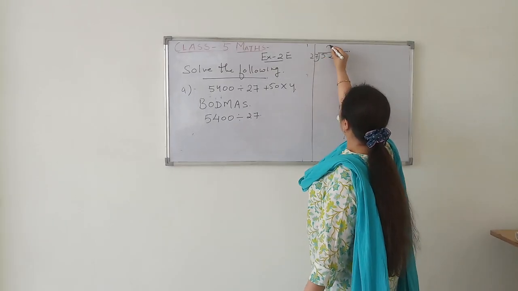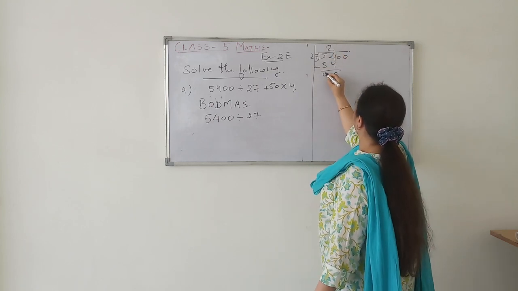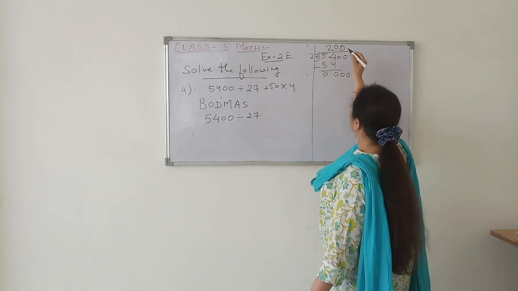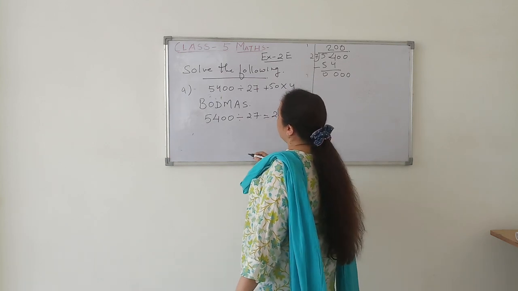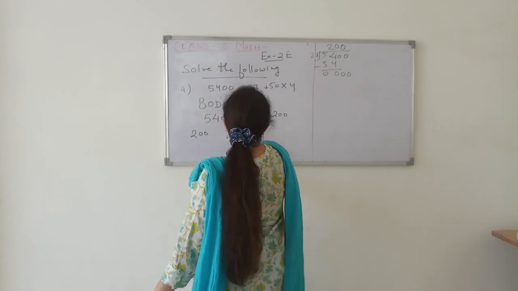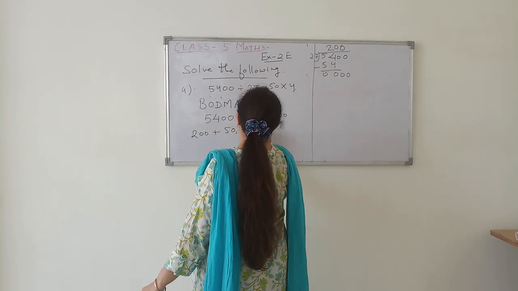Now 27 2s is 54 minus, and you will be getting 0 here. We'll take down this and we'll put there 0 and then 0, and we will be getting 200. Now next step is, that is 200 plus 50 into 4. Now this much is left.